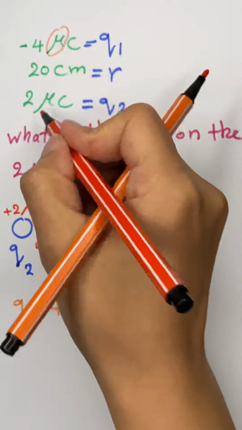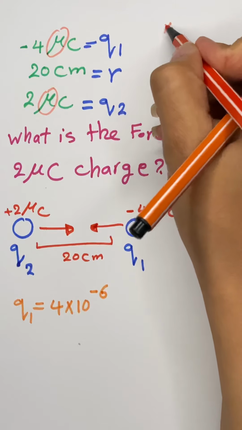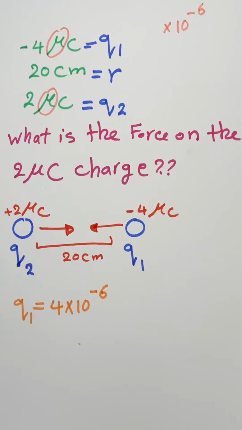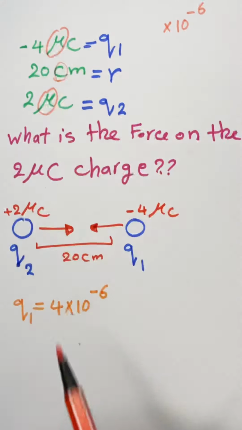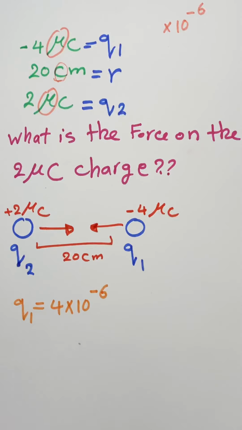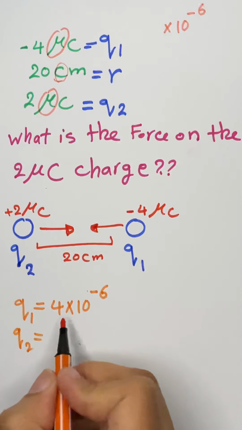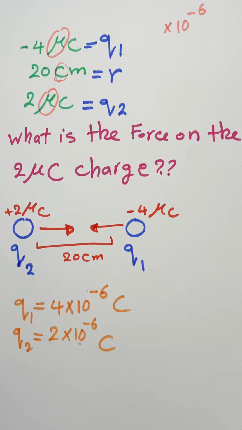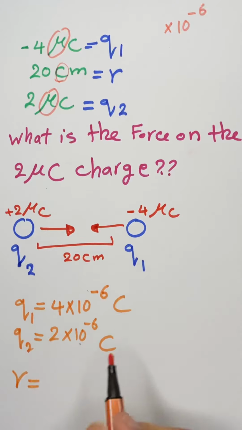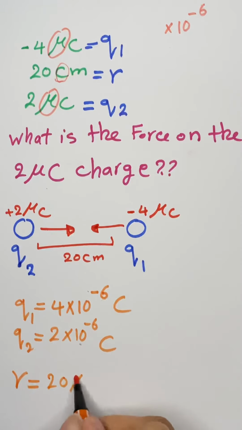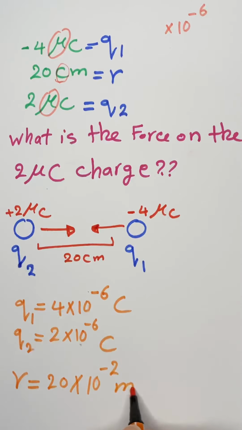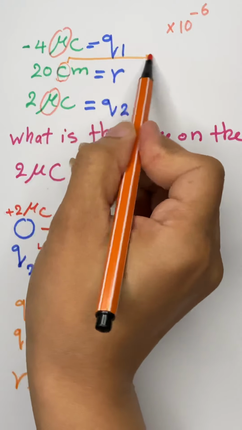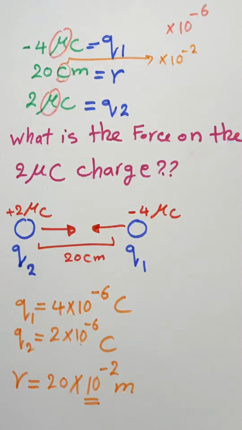Q2 is going to be 2 times 10 to minus 6 coulomb. Then R is going to be 20 times 10 to minus 2 meter, because centimeter is 10 to minus 2.